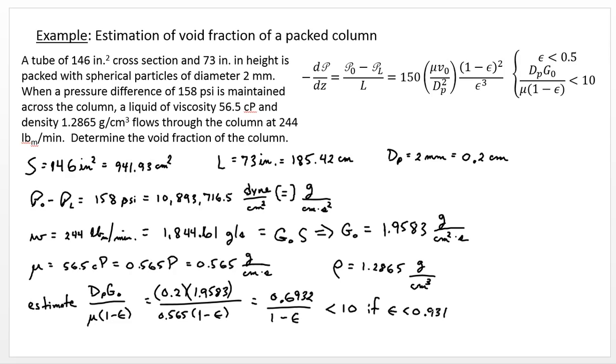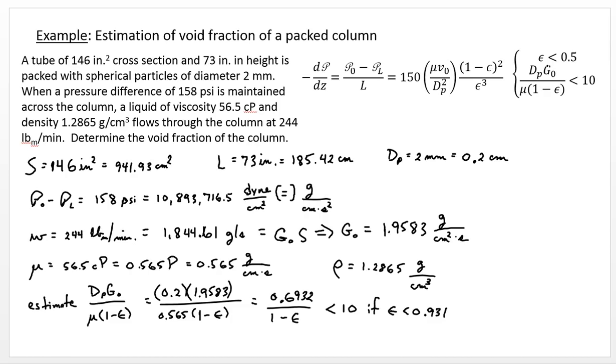So what we're going to do here is assume that epsilon is less than 0.93. And the maximum value of epsilon is 1 for an empty column. But let's assume it's less than 0.93. And so we can use this basic correlation for laminar flow right here. Well, we'll assume further that epsilon is less than 0.5, so we can use that correlation.